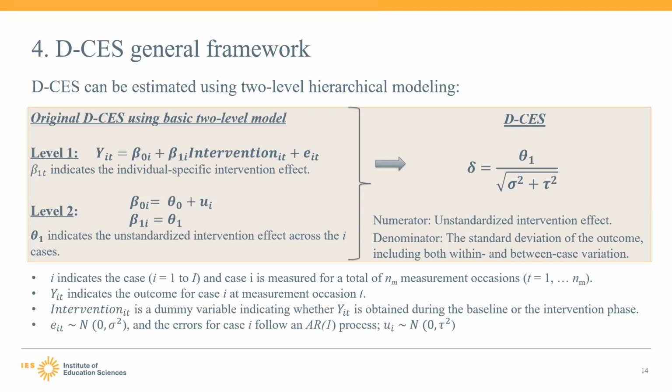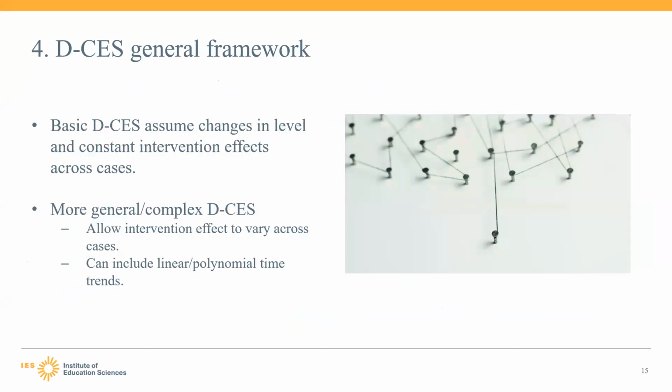In other words, the numerator reflects the unstandardized intervention effect across cases, and the denominator represents the standard deviation of the outcome, so including both within and between case variation.